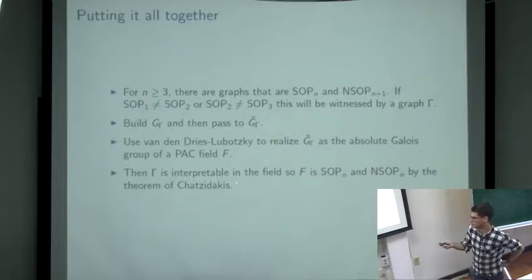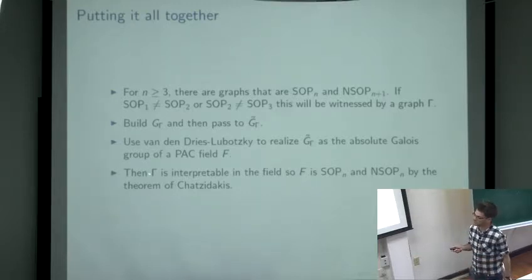So this is a somewhat delicate point, in the sense that SG of gamma is not actually interpretable in the field, because Galois groups are really only interpreted up to conjugacy. So SG of gamma is interpretable in the pair, the field together with its algebraic closure, or its separable closure, but not necessarily in the field itself.